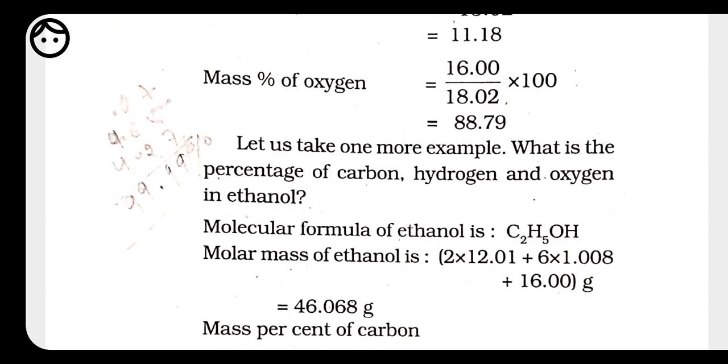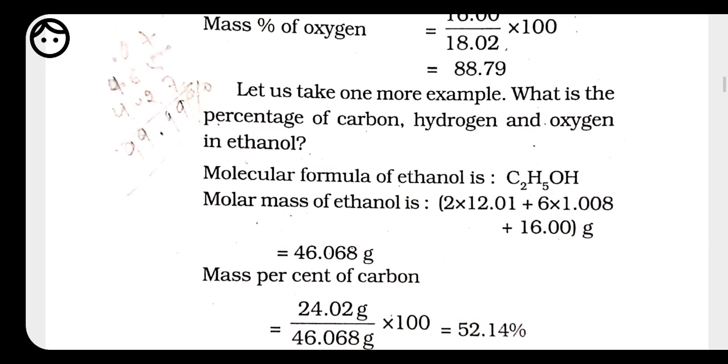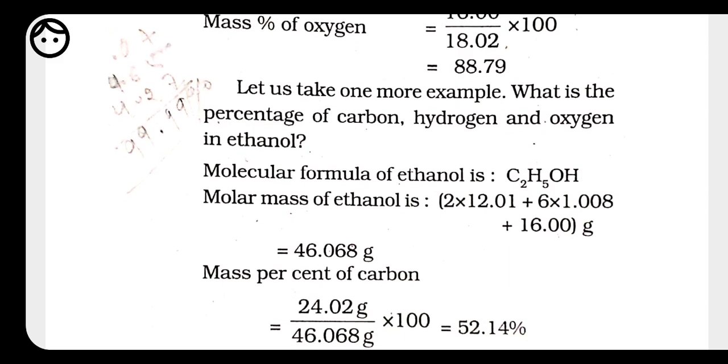Let us take one more example: what is the percentage of carbon, hydrogen and oxygen in ethanol? First we have to know the formula of ethanol, that is C2H5OH. Then we have to calculate the molar mass of ethanol, that is 46.068. Here you can directly take only 46 gram. Again we need to calculate the percentage of each element.